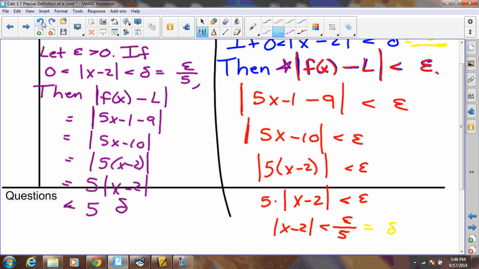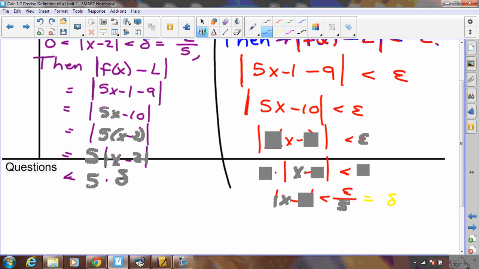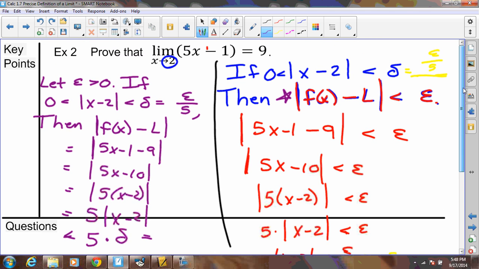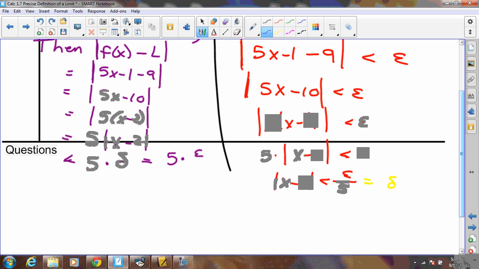All right, so continuing our problem, I'm switching back to purple. Hopefully that explanation made sense. Well, this is 5 times delta. We said back up at the top, though, delta equals epsilon over 5. So substituting in the equality, that's epsilon over 5.